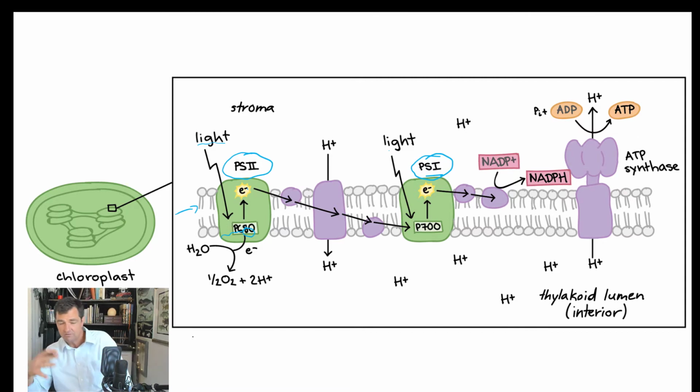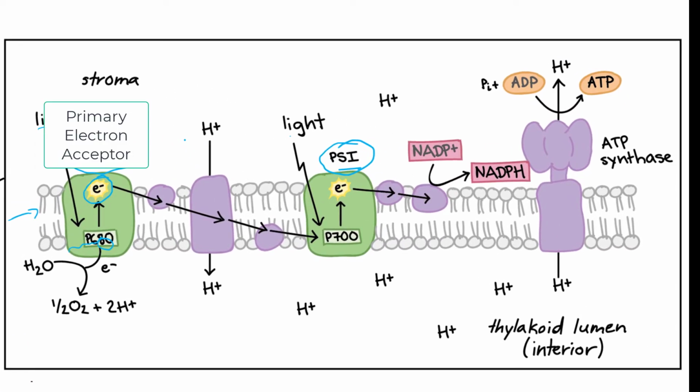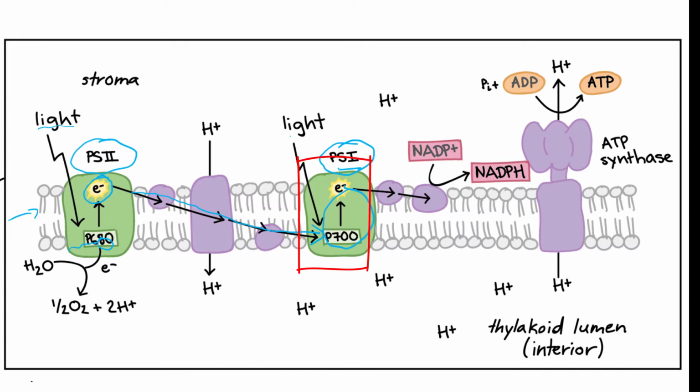We use the energy from the sun, and that energy is transferred throughout this molecule to push an electron to a high energy state. And then we have a primary electron acceptor, a protein, that's going to take that electron and pass it from protein to protein to protein all the way down until it gets to photosystem 1.